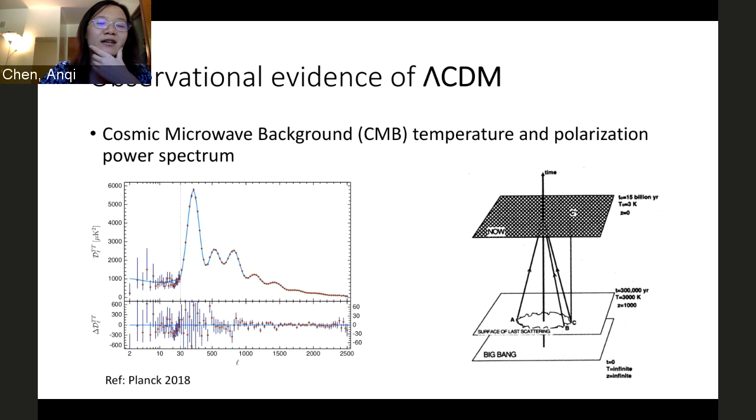And this scale, the sound horizon at the last scattering surface, is like a standard ruler in cosmology. But what we could measure model independently is the angle of this scale in the sky. So that means the distance the light traveled after last scattering has to agree with your model very well, so that the angle we measured would agree with the theory prediction.